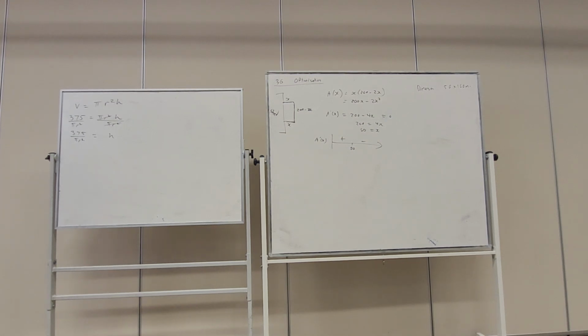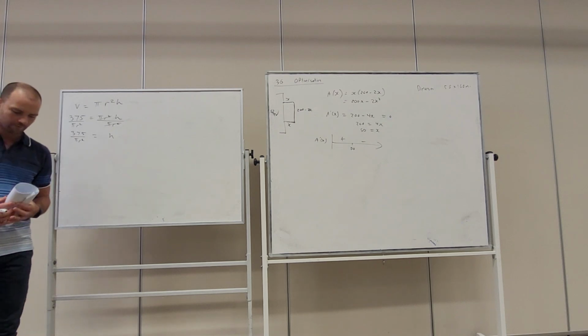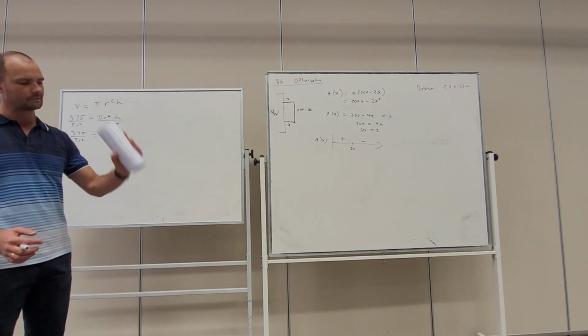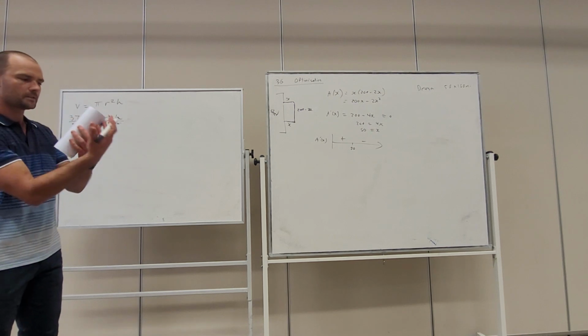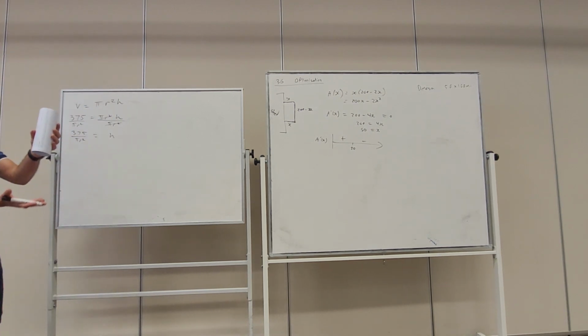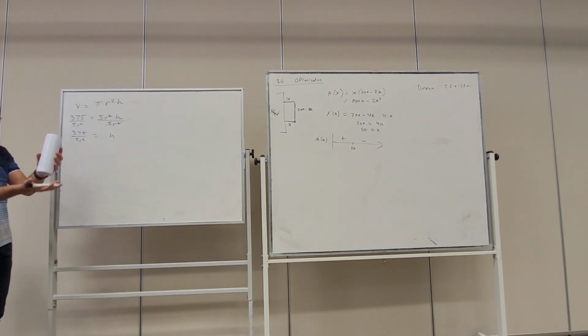Okay, hence show that the total amount of aluminium is given by A of R, area with regards to the radius. So if you think I've got this big can of Coke here, and if we're thinking of surface area of aluminium, we've got 2 circles, one at the top, one at the bottom.